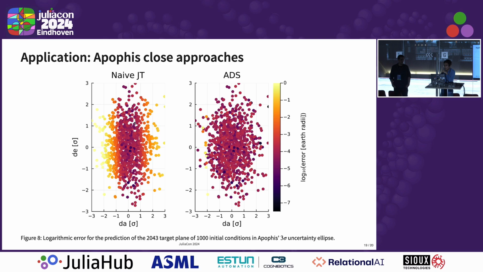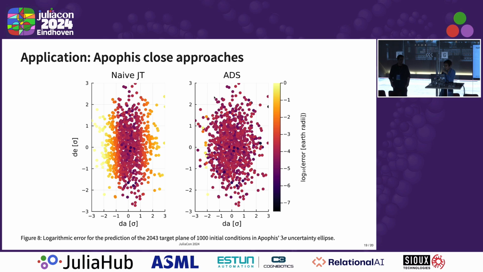Now, the left panel shows a very typical behavior of using a single polynomial. That is, it's quite precise near the center, but it gets worse as we move away from the expansion point. Instead, an ADS integration maintains a low error all throughout the uncertainty box. There's just one detail, and that's there are a few points around the -2 vertical line that have a huge error in both panels.